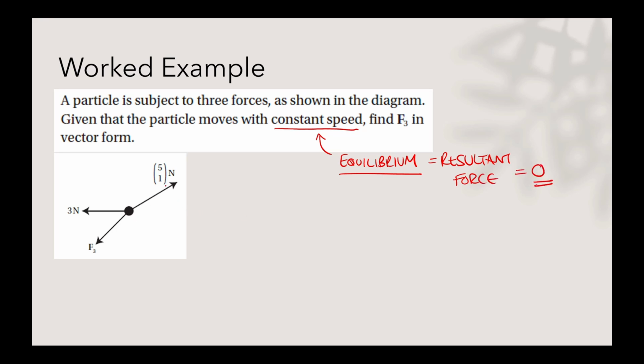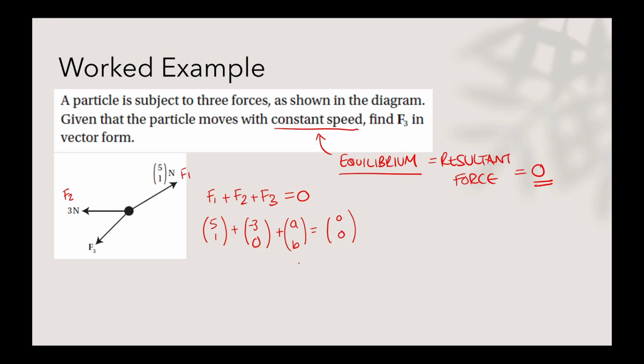So let's have a look at the three forces. Here we've got one force, we'll call this F1, and let's call this one F2. Then what we know is F1 plus F2 plus F3 is going to equal 0. If I write down those vectors, F1 is (5, 1), plus F2, which is (-3, 0), plus F3, which I'm just going to call (A, B), they are all going to add up to (0, 0).